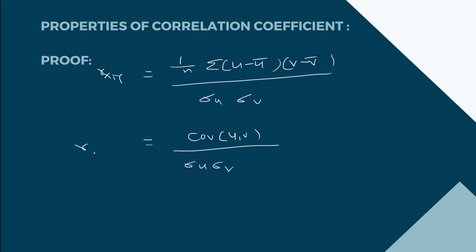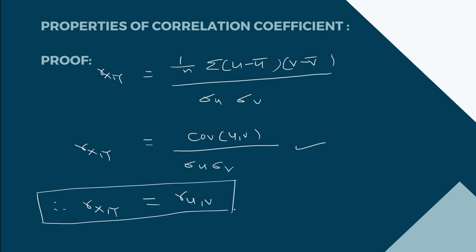This is the r x y, correlation coefficient between x and y. By observing the right hand side of the expression, this is nothing but correlation between u and v. Therefore, correlation between x and y is equal to correlation between u and v.